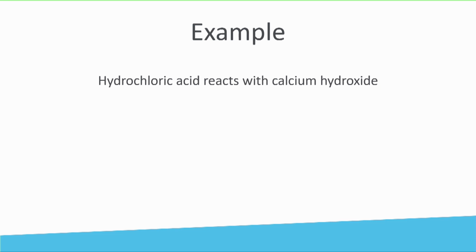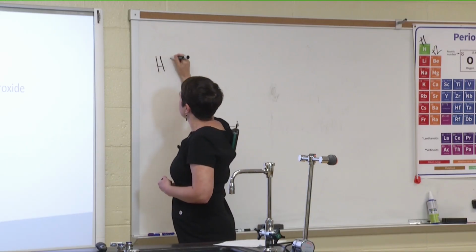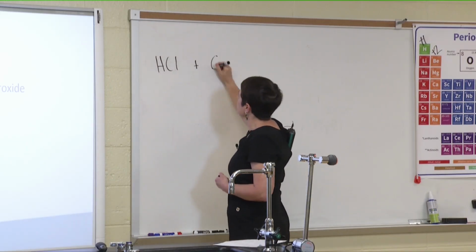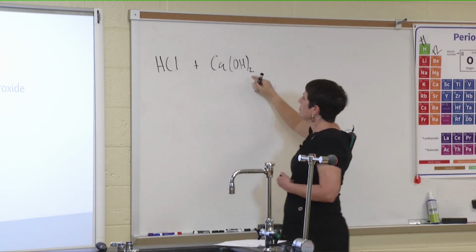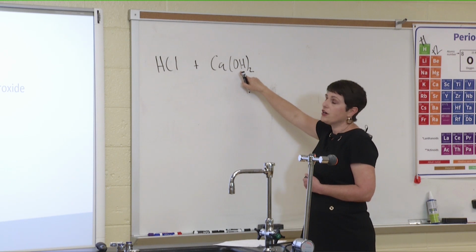So hydrochloric acid reacts with calcium hydroxide. This is actually a neutralization reaction, which is a type of double replacement reaction. So let's try that real quick and see. Hydrochloric acid is HCl plus calcium hydroxide, which is Ca(OH)2. Remember, hydroxide is a -1 charge.